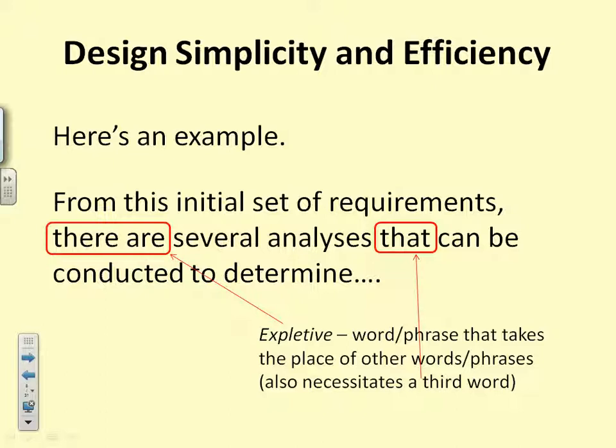So that because we've started the main clause here with there are, we eventually have to also include the word that. The problem with this is that as we analyze this sentence, one thing we'll notice is that there are and that serve absolutely no purpose in this sentence. They don't necessarily even hinder the meaning, but that's 3 extra words that we don't need.